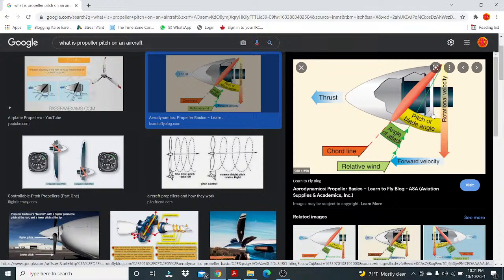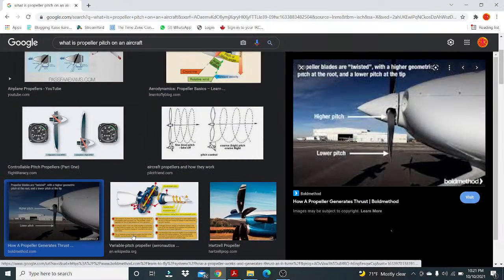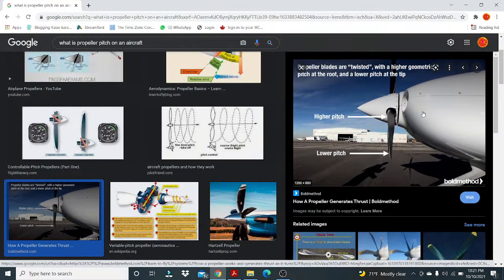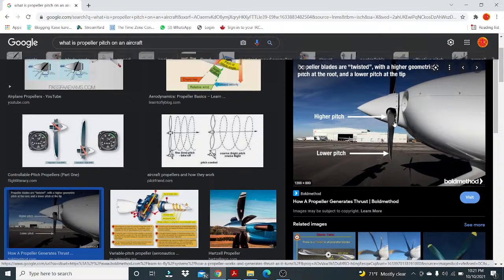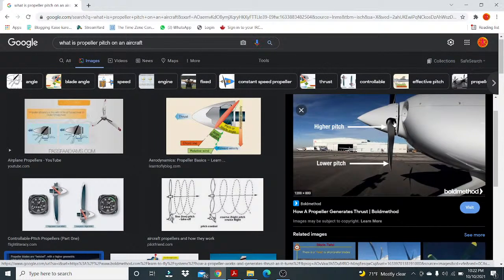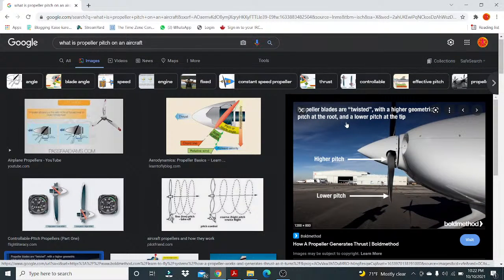This is the blade, so it may move this way, or this way. Higher geometric pitch at the root and lower pitch at the tip.